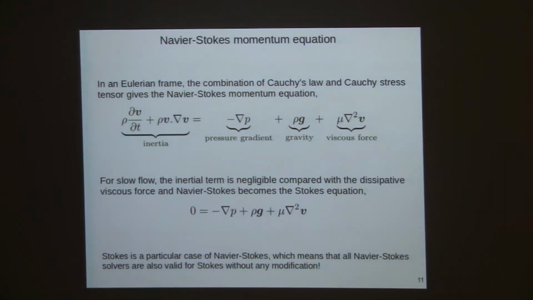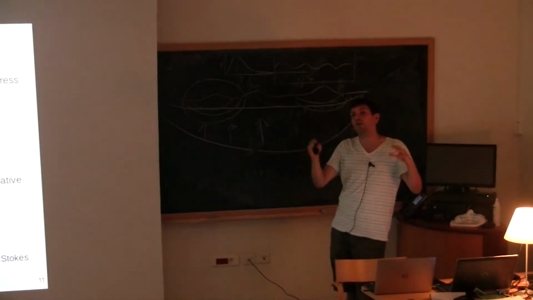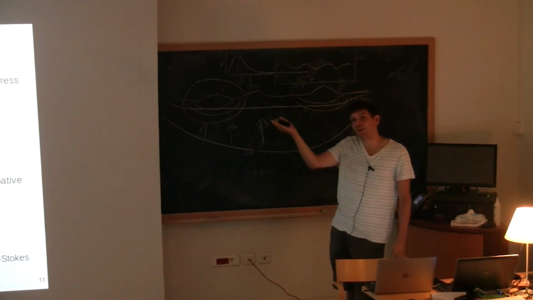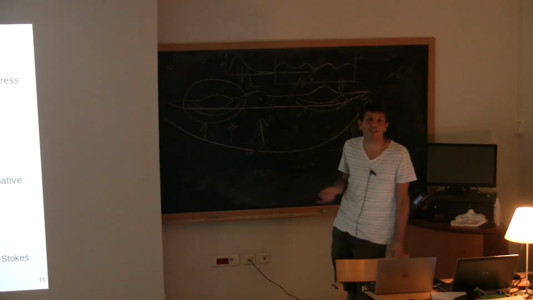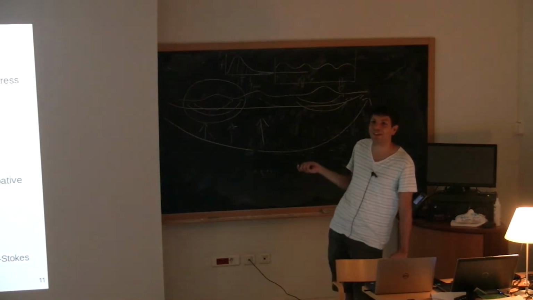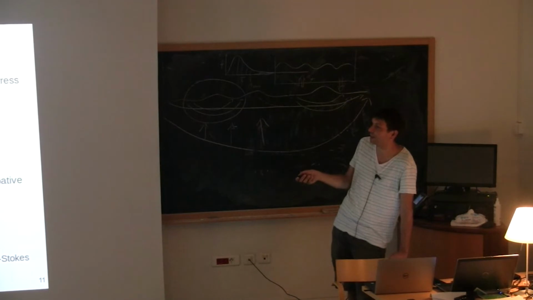The Reynolds number will come in some slides. So Reynolds number is the weight of the inertia over the viscous force. So it means that if your Reynolds number is smaller than 1, the inertia is negligible. And when the inertia is negligible, it means that you can remove this term from the equations. Okay.